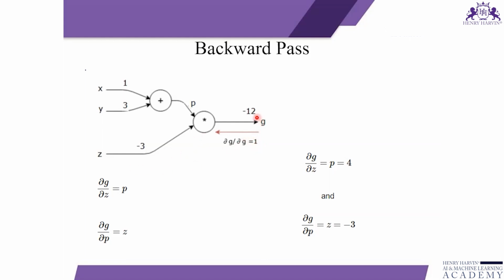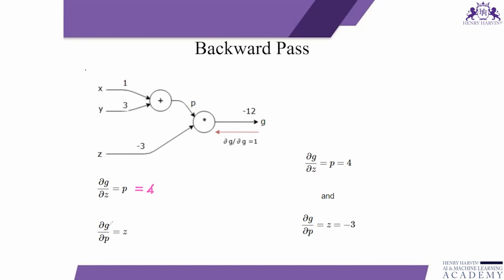So now if I find dou G by dou Z, what will be the answer? Definitely that is going to be P. So basically I'm trying to differentiate G with respect to Z, right? So minus 12 and this is minus 3. So what is the value of P now? This is equal to 4, right?